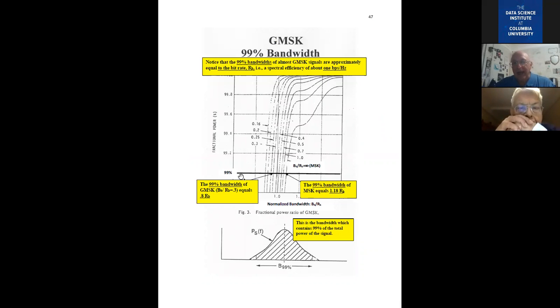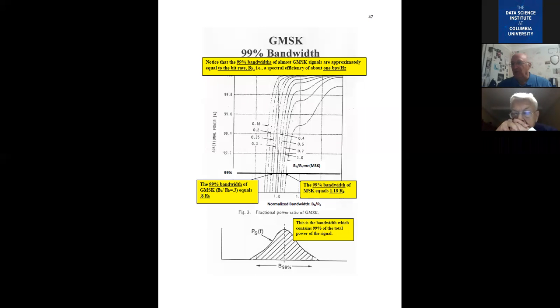For almost all of the GMSK signals, the 99% bandwidth is equal to about 1 times the bit rate. It's not a very efficient use of bandwidth, but it still means if you give me 50 gigahertz of bandwidth, I can put 50 gigabits per second here.